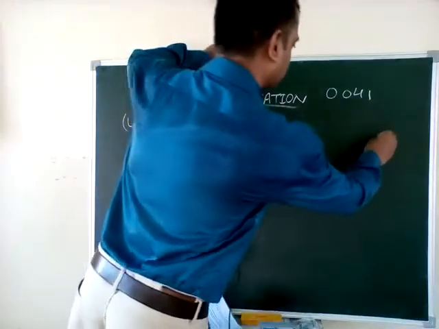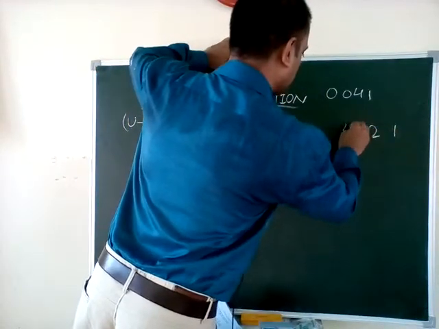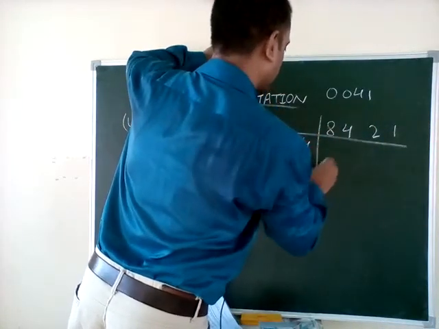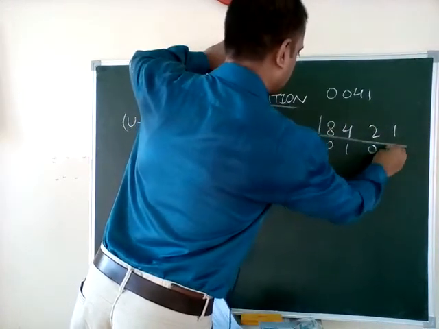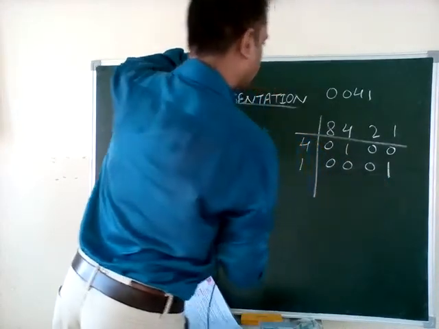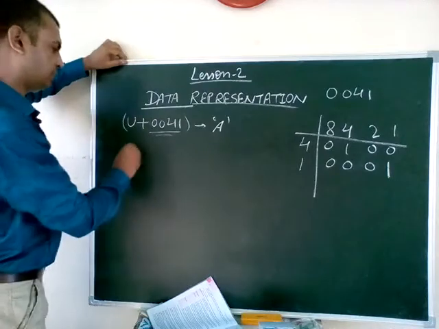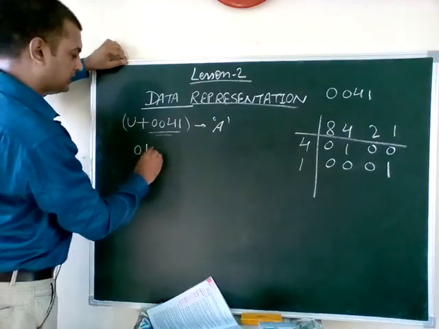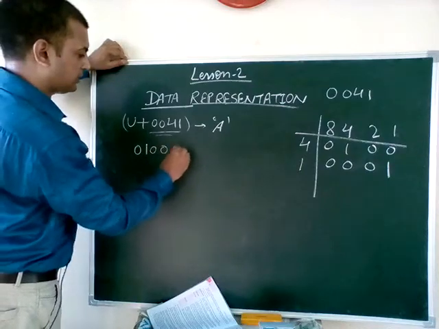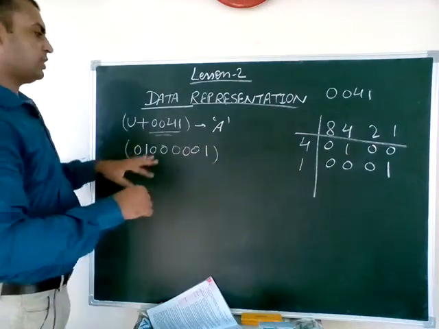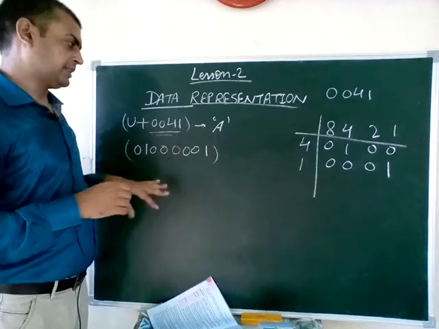For hexadecimal you will write the table and represent this 4 and this 1. Both numbers together you write 0 1 0 0 0 0 0 1. This is the representation of this code in hexadecimal.